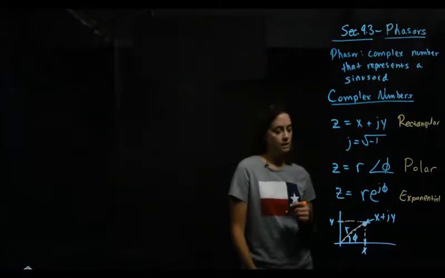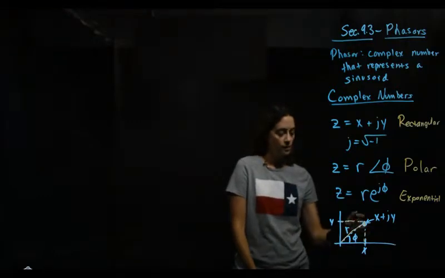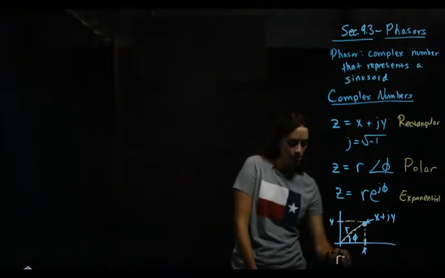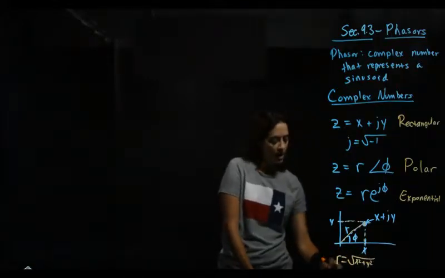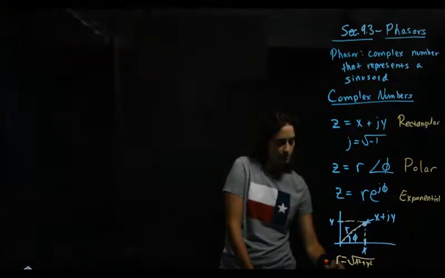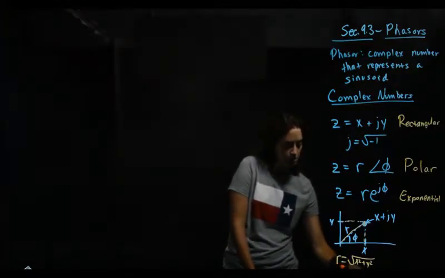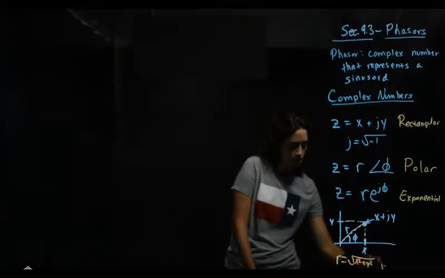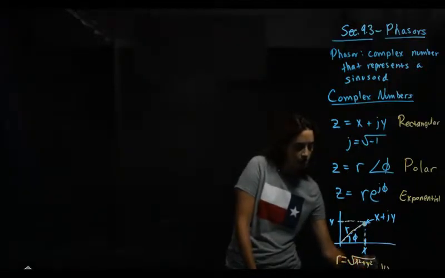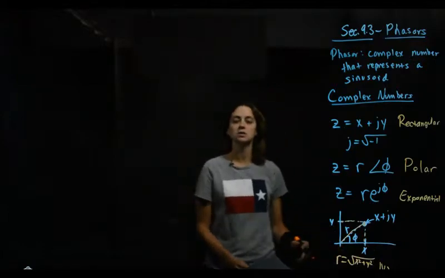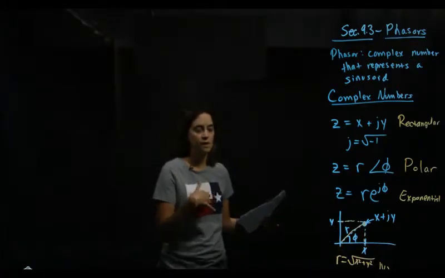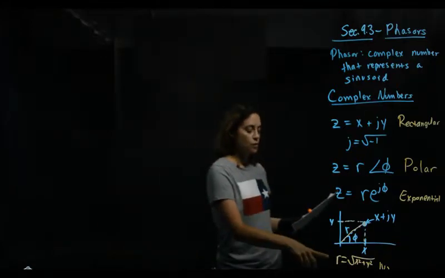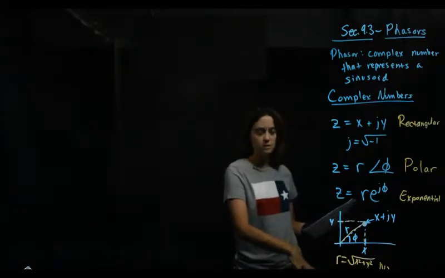If I want to represent that with polar form, then I would have r equals the square root of x squared plus y squared, and phi equals tangent to the -1 of y over x. So you'll see these on your equation sheet that I've provided you to use with the end of the chapters here. So there's no need to memorize these. You're going to be given these on exams.